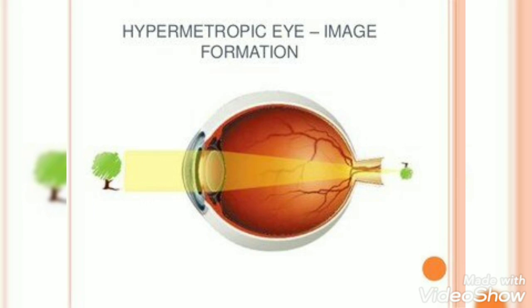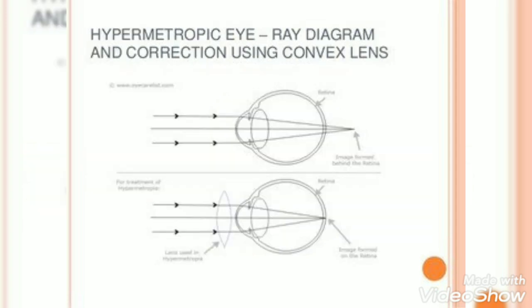If we place a convex lens in this person's spectacles, now a convex lens is a converging lens, it will converge the rays, like you can see over here in the second picture. The rays are then formed on the retina.